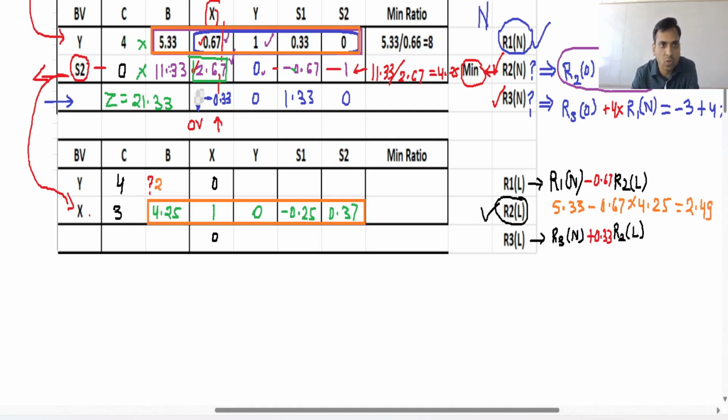So this is 2.49. By using the same relationship, using this value and this value, you will get this one, and in the same way you can find the others. So you will see this is 1, this is 0.50 and this is minus 0.25.